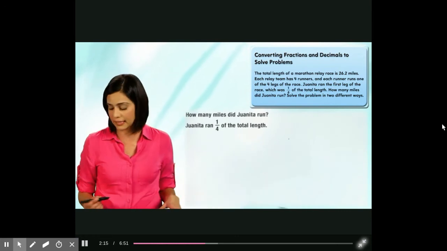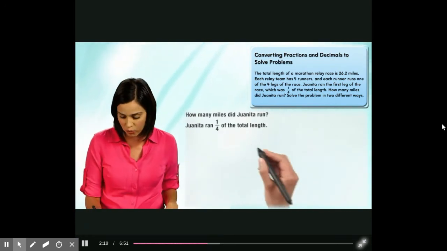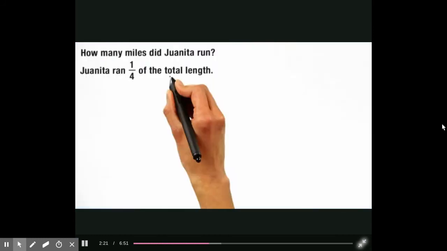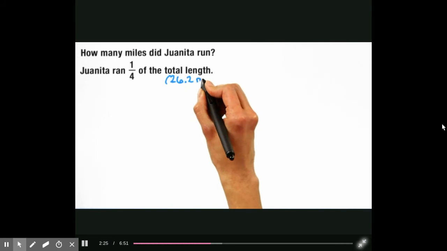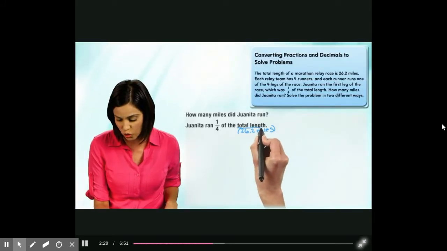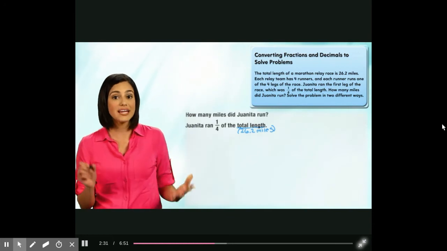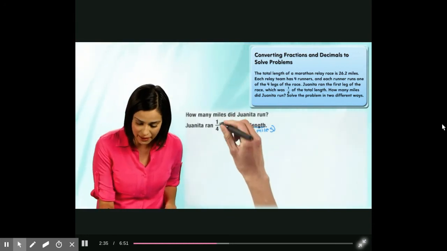Now, recall that in mathematics, of means multiplication. So we need to multiply 1/4 times the of 26 2/10 miles.